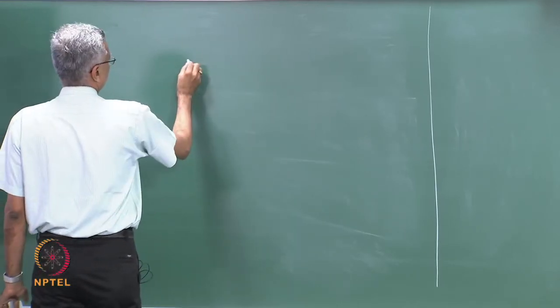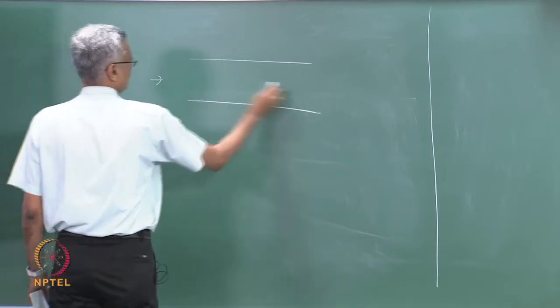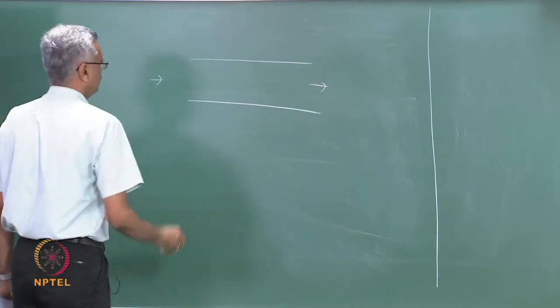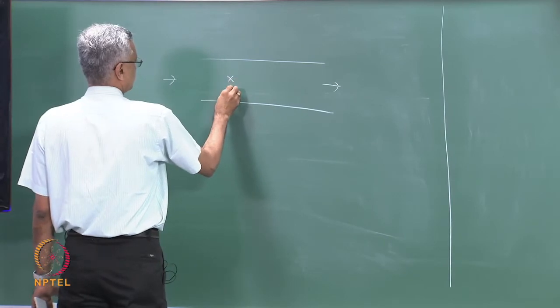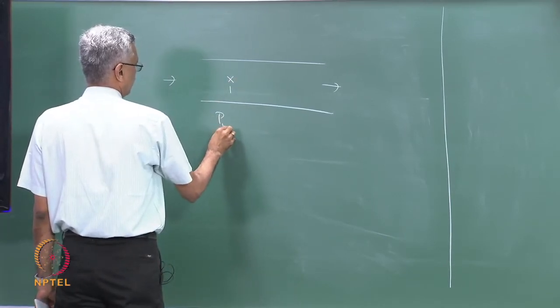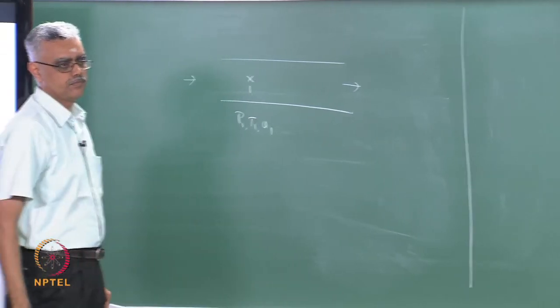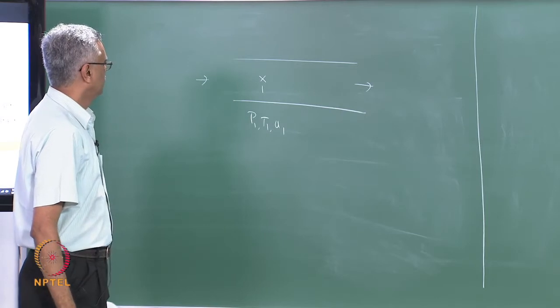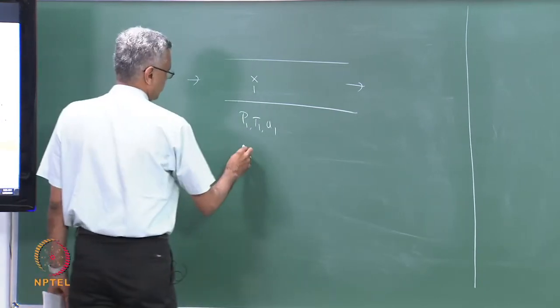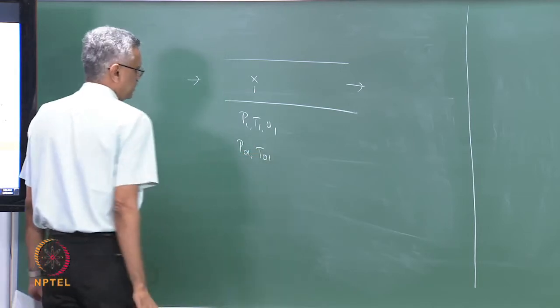So we are looking at a one-dimensional flow situation. So the flow is going through, and let us say that this is state 1, and state 1 is at a static condition P1, T1 and U1. Now the stagnation condition corresponding to this is P01 and T01.